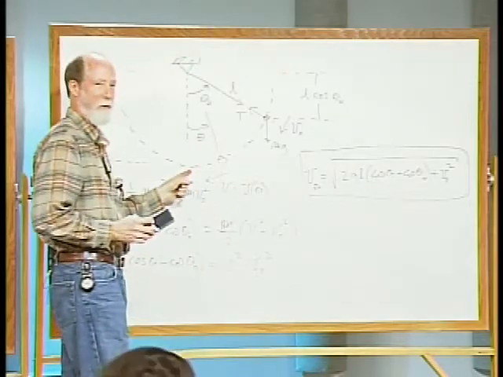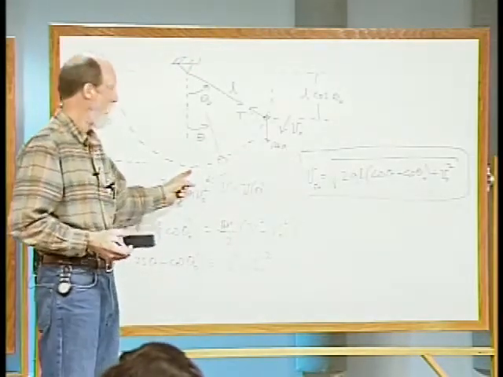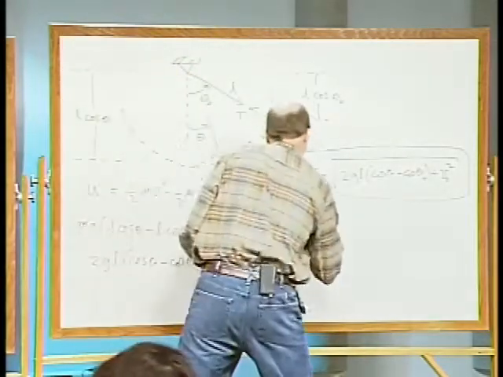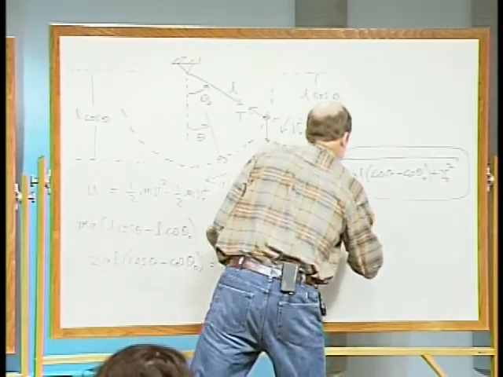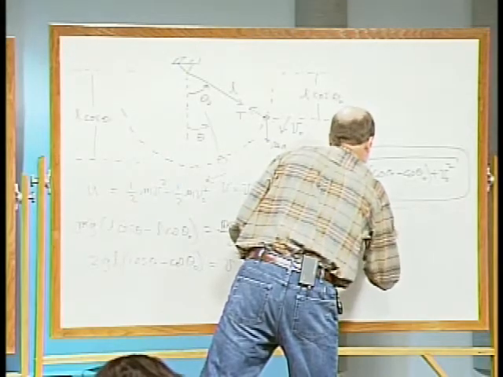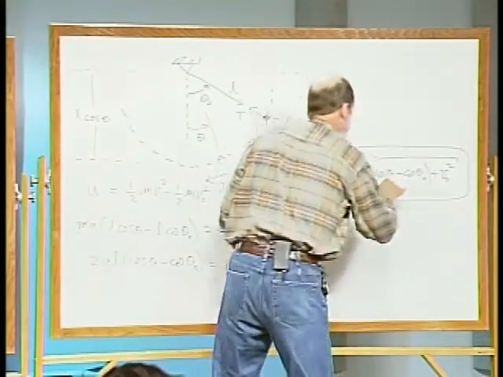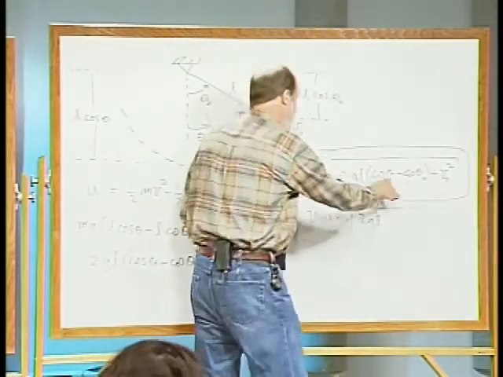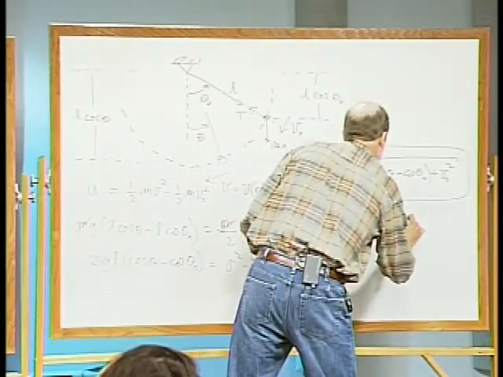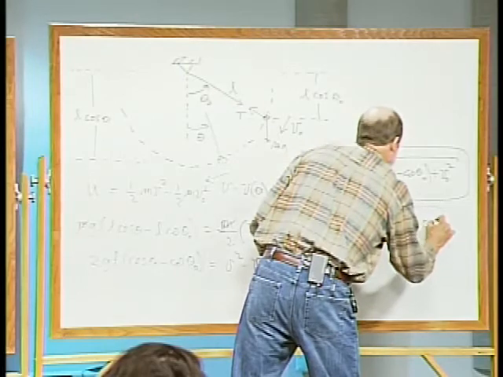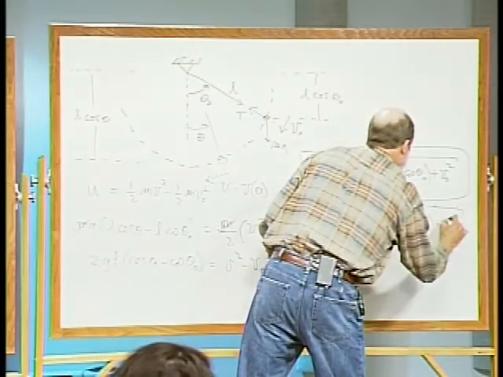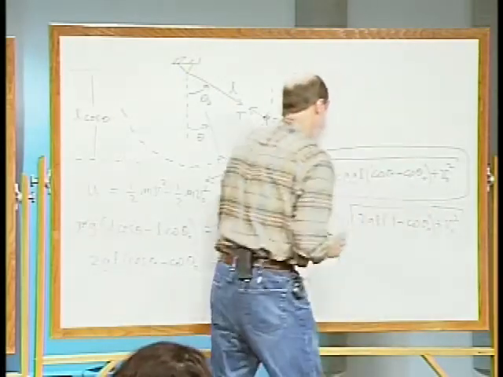We should expect it. Our gut feeling is, so let's double check the mathematics there. V at 0, this result is telling us that we get 2GL times cosine of 0 is 1 minus cosine of theta naught plus the initial speed squared.